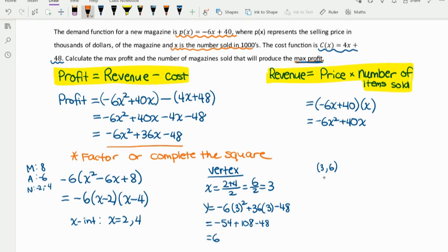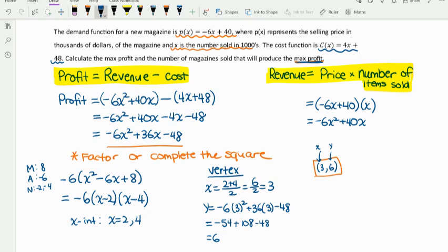But am I done? Not quite. You do need to interpret it because it is a word problem. So what does that (3, 6) mean? Well, 3 is your x, the number of magazines sold, right? Your y value, your 6, that was the profit. We were looking for profit, right?